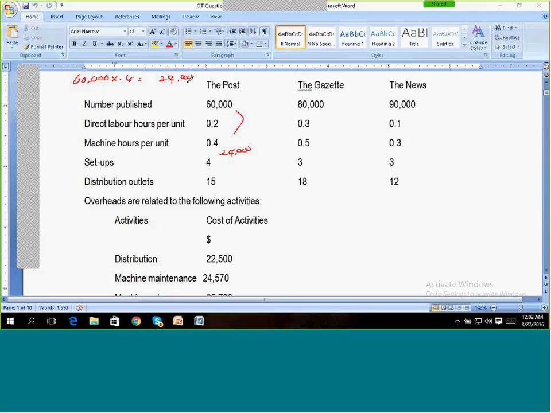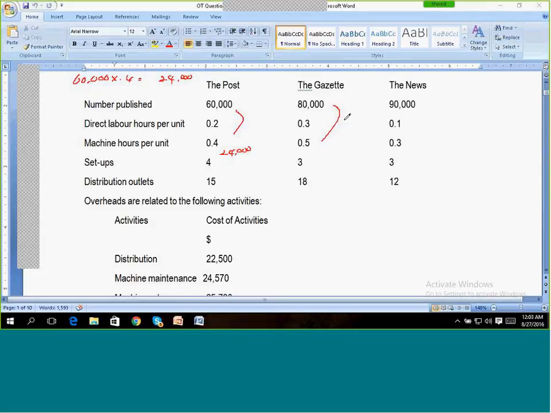Tell me for gazette how many machine hours they will require. Each paper is going to take 0.5 machine hours.